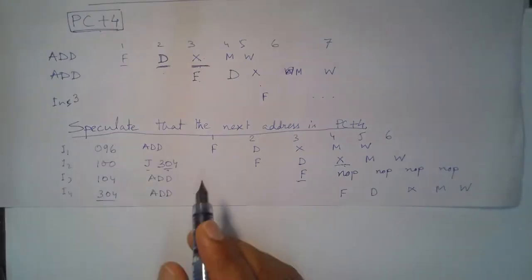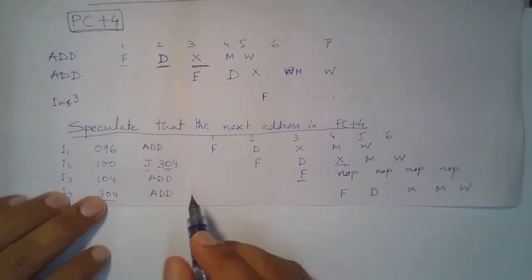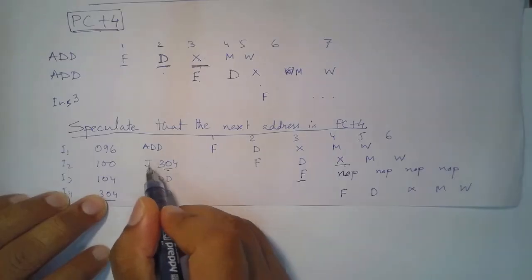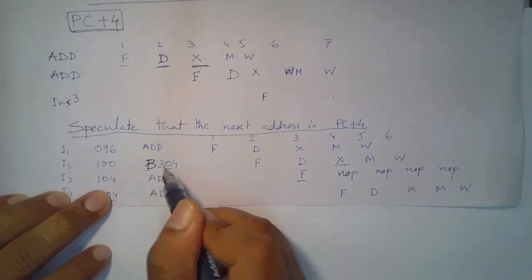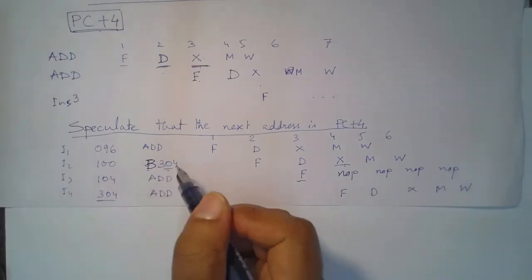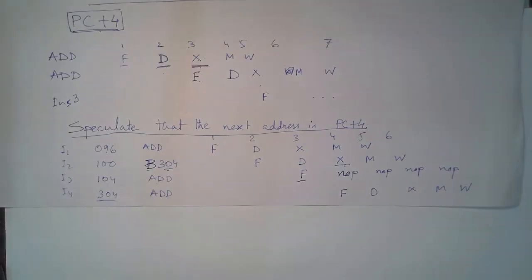Okay. So for consistency, instead of saying jump, let me just change it to branch, which is more consistent with our simple RISC instruction set. Okay, so we can look at one more example.